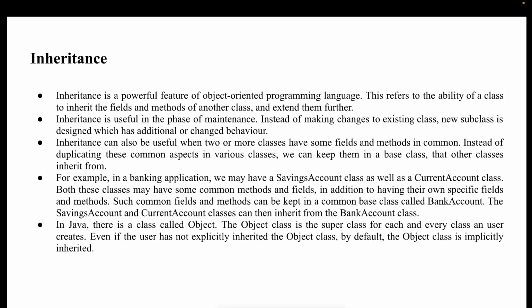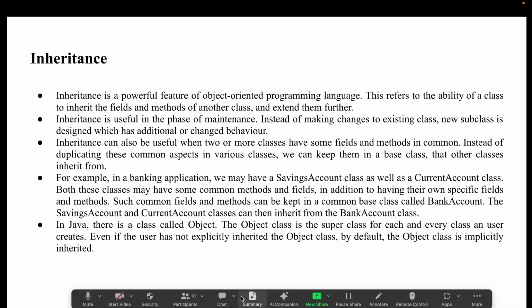So you don't have to create the deposit and withdraw methods in the savings bank account or the current bank account, but you can still use them. What is the use of that? It is code reusability. You are writing the code once in the parent class and then reusing it in your child class as well. That is the advantage of using the inheritance concept.